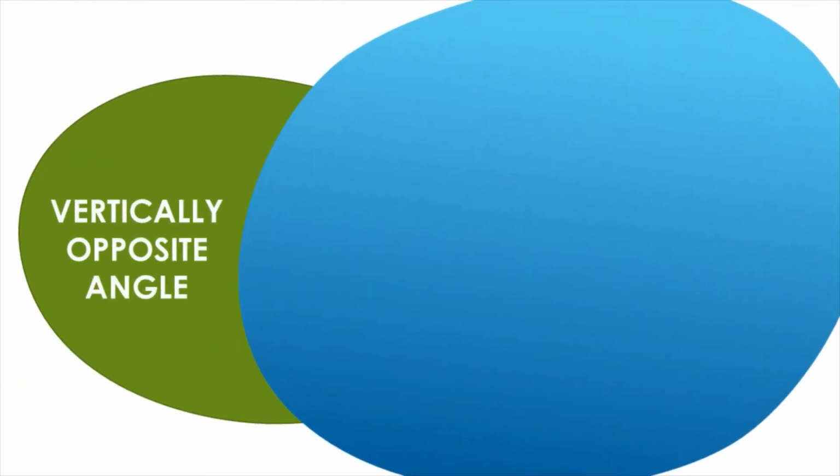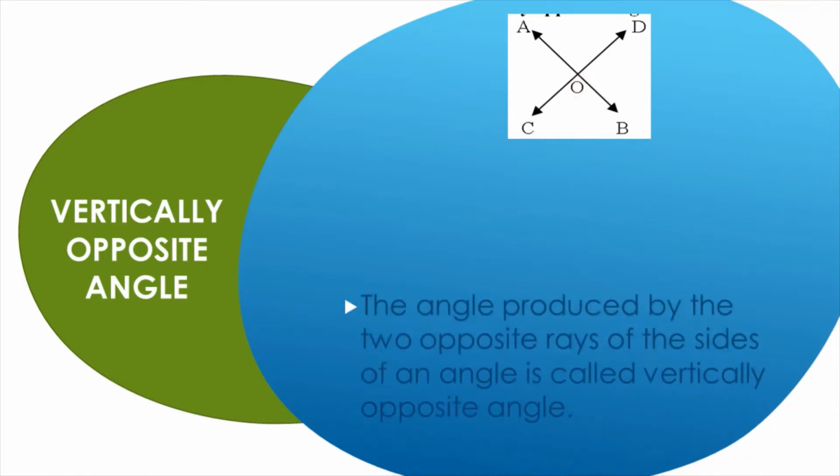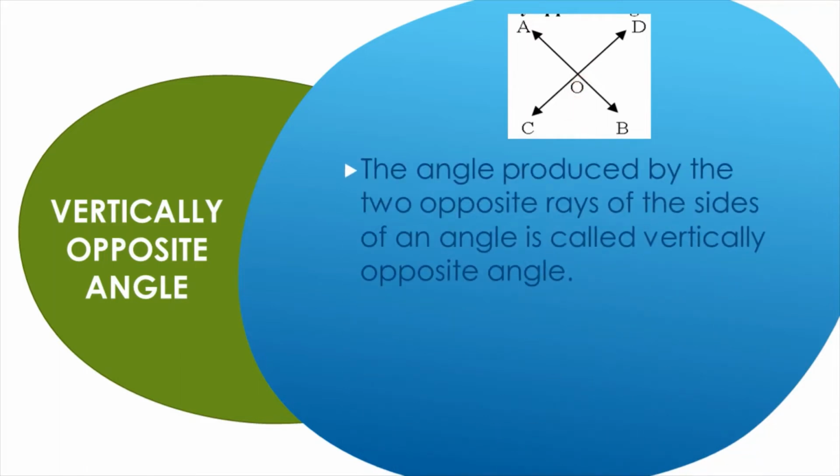Now, vertically opposite angle, and this is the figure, my dear students. AOB and COD. As you can see, AB and CD are two lines, they intersect at point O. So this is the definition. The angle produced by the two opposite rays of the sides of an angle is called vertically opposite angle.